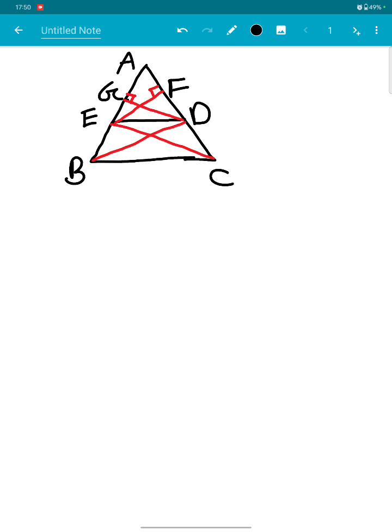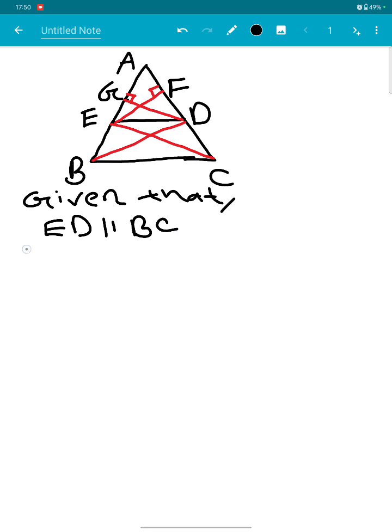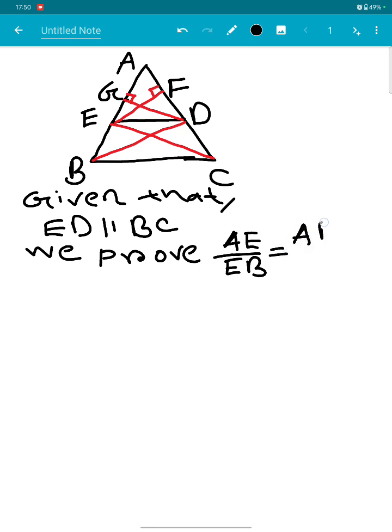So given that ED is parallel to BC, and we prove, what we prove? We prove AE divided by EB equal to AD divided by DC.